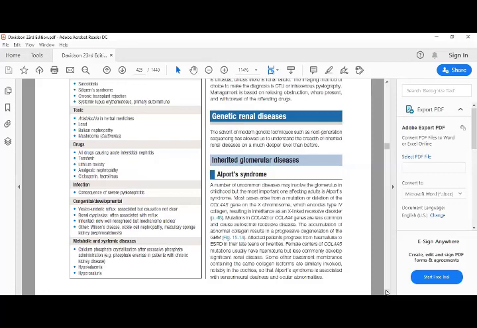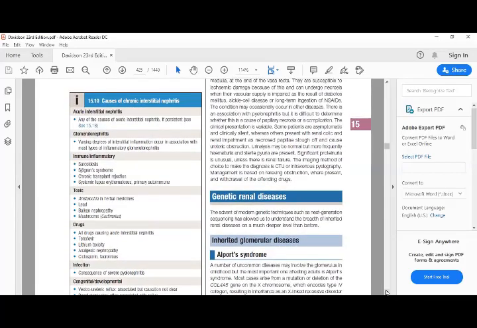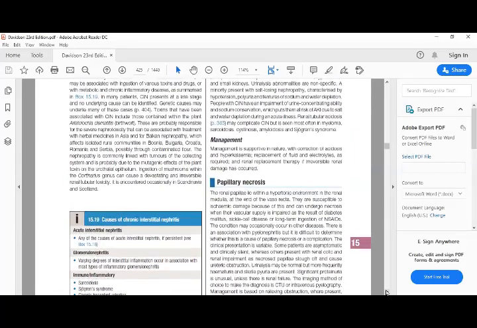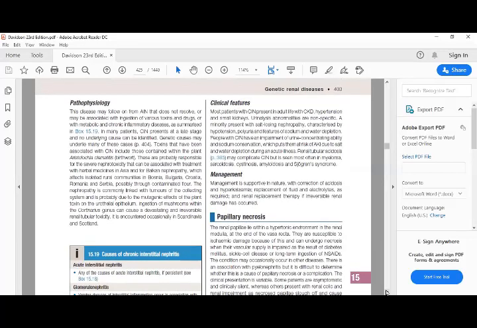The pathophysiology and histopathological features of chronic interstitial nephritis: the disease may follow on from acute interstitial nephritis that does not resolve, or may be associated with ingestion of various toxins, drugs, or metabolic and chronic inflammatory disease.